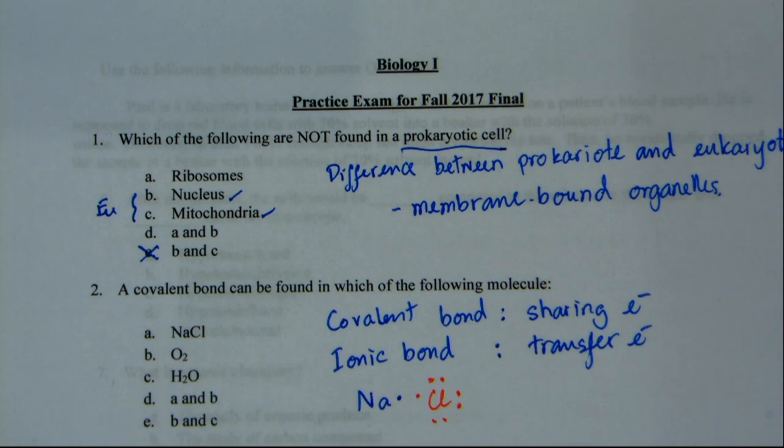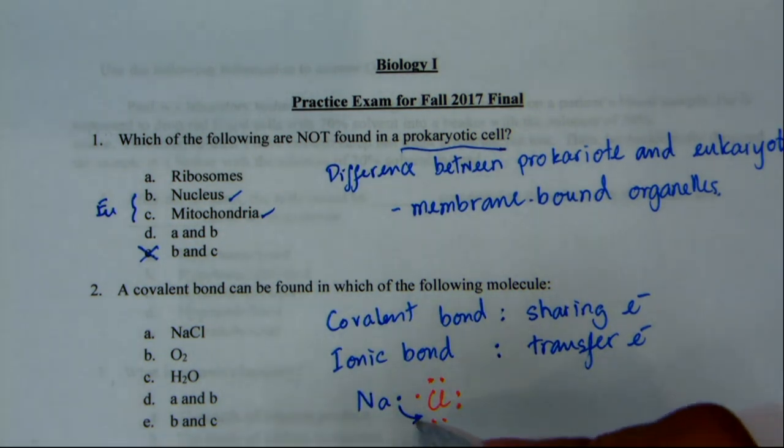So with only one electron, the sodium tends to lose that electron. That particular electron transfers to the chlorine to form the ionic bond.